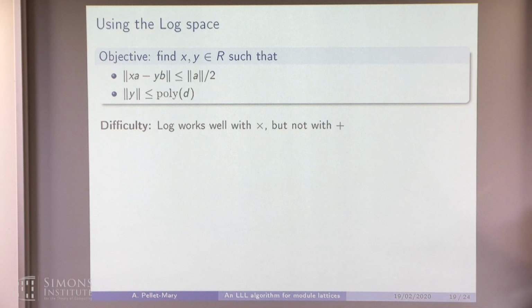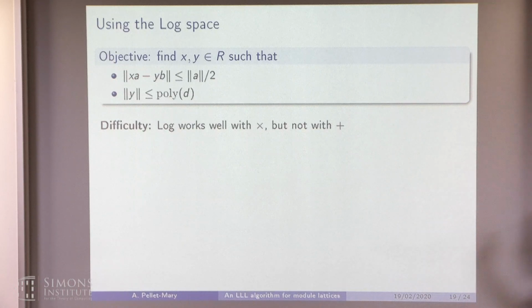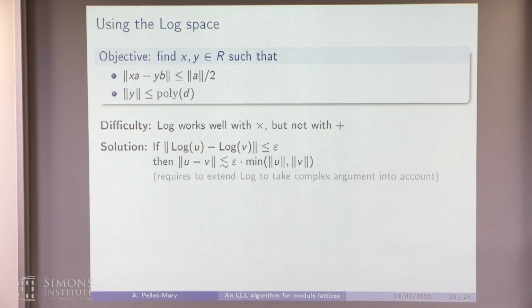If I can get xa super close to yb, then in particular it's going to be smaller than a over 2. So it's really closeness that I want. And this I can express in terms of logs. If you think about the log over the reals, if the logs of two elements are close, then the two elements also have to be close. And that's the same for our log, almost.